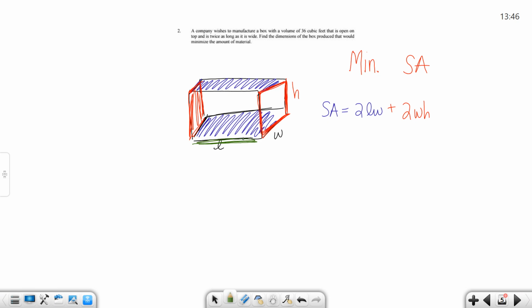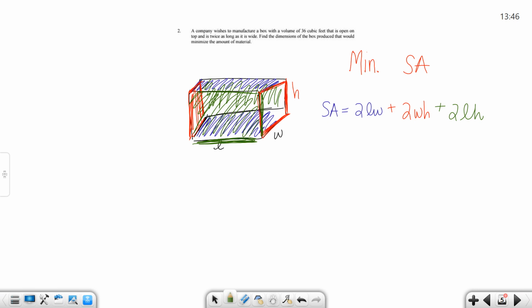So let's take this front side of the box. It's a length and height. So this front side of the box is length times height, and that of course also means that the back side of the box is length times height. So that is your surface area formula, and that's how they acquire the surface area formula.